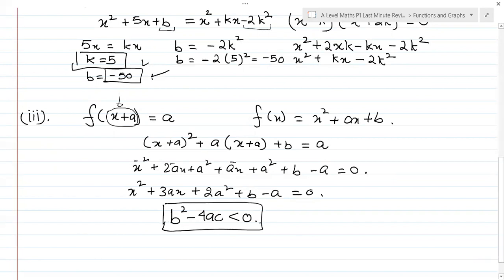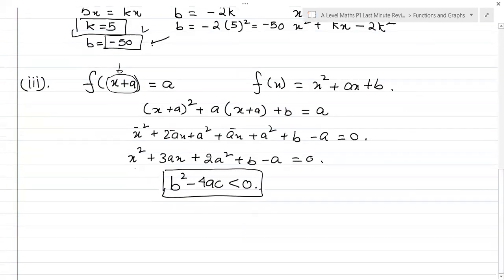So considering the values of a, b, and c, a would be 1. b would be the coefficient of x, which is 3a. So that's b squared minus 4 times a, which is just 1, times c. c will be everything which doesn't have x, so that's 2a squared plus b minus a.